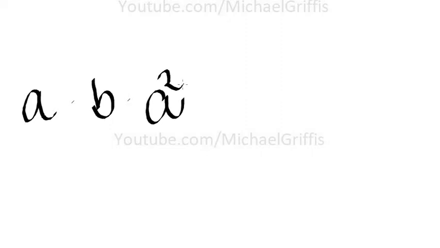Alright, here's a tricky one here. A times B times A squared times B to the 4th. Alright, so we got to take all the ones that are, I guess you could say, you see this here?